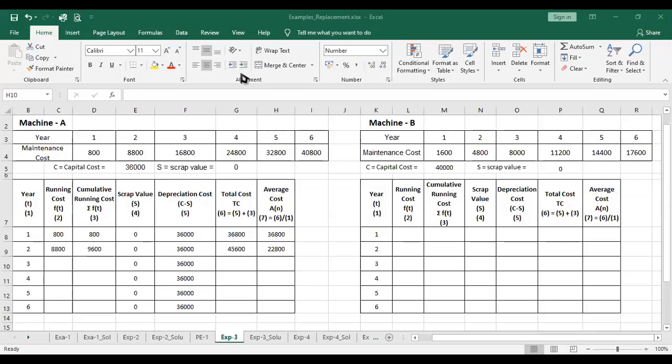What is the average cost for the third year? Humil Kadecha.